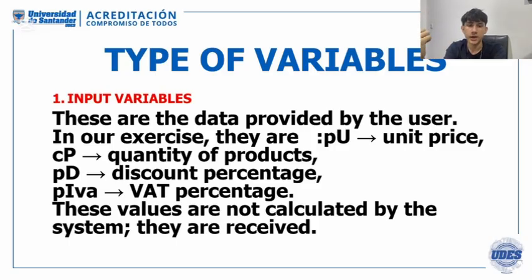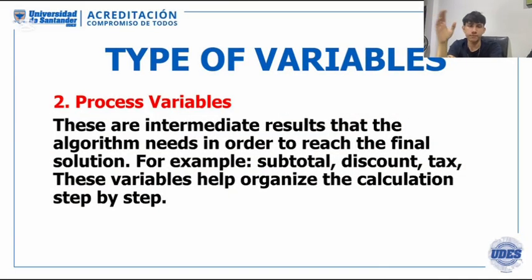For example, PU as the unit price, CP as the quantity of the products, PD as the discount percentage, and PIVA as the IVA percentage. These values are not calculated by the system, they are received.